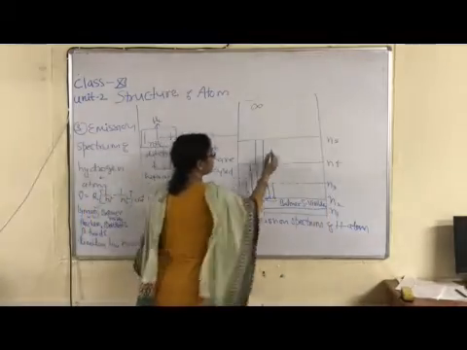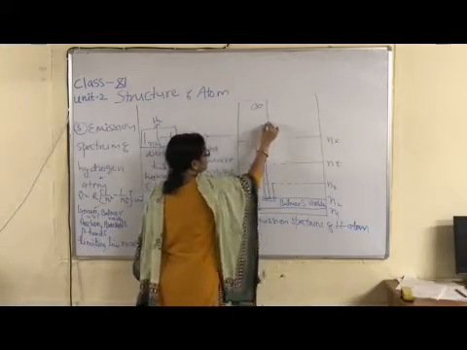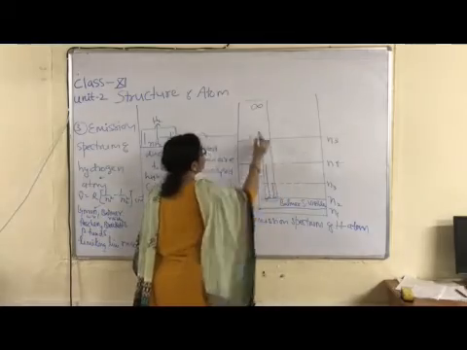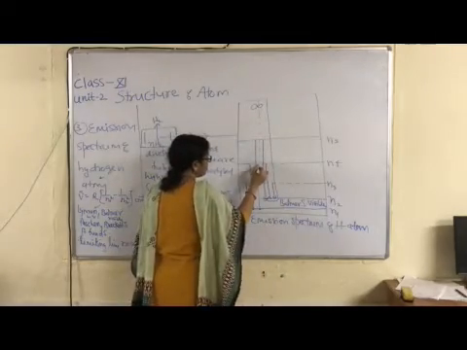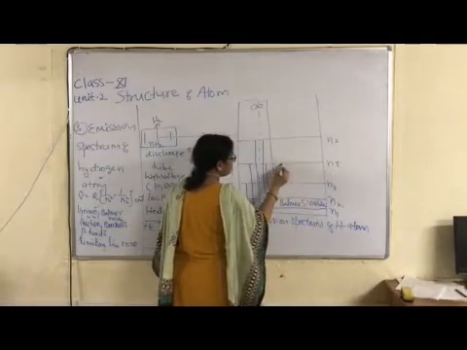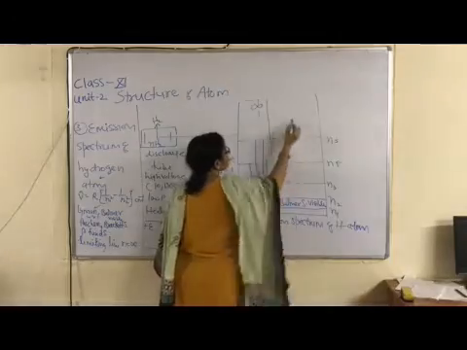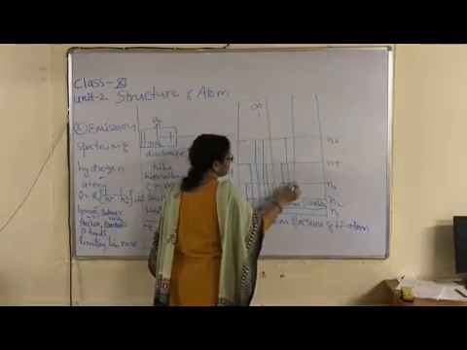Remaining three series from any higher. From any higher like this. From now the third one. First possibility from fourth to third one. Fifth to this one. Next one, the infinite energy level.